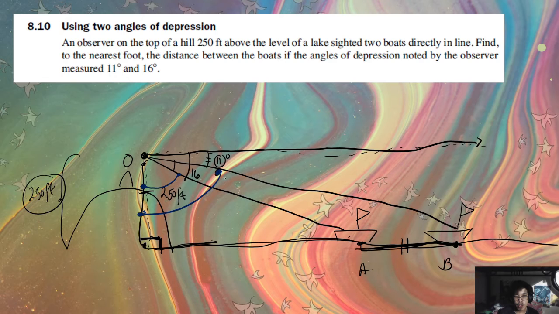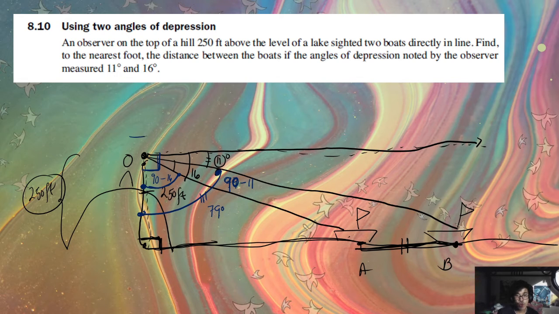To find this angle, you need to subtract 11 from 90, since this is 90 degrees. So 90 minus 11, that means this big angle is 79 degrees, and this smaller angle is 90 minus 16, which is 74 degrees.